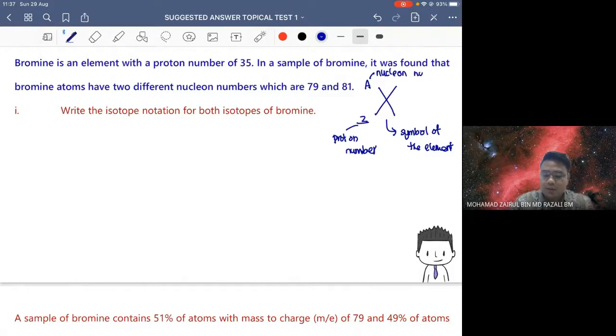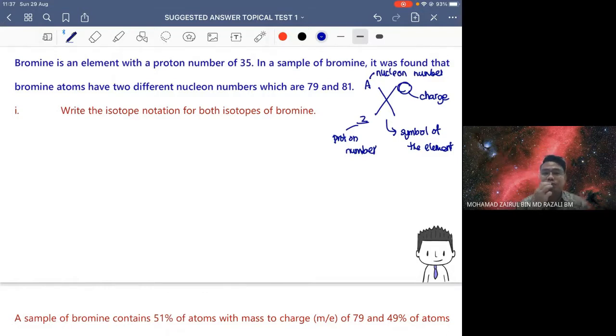Kalau awak nak tulis isotope notation untuk ion, the charge of the ion awak akan tulis on the top side on your right hand side. So kita akan tulis sini. Tapi sekarang ni kita bagi bromine atom, so maknanya charge is equal to 0.